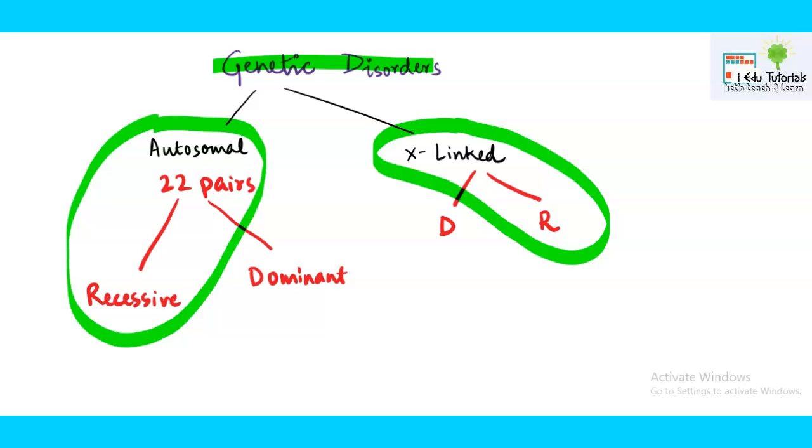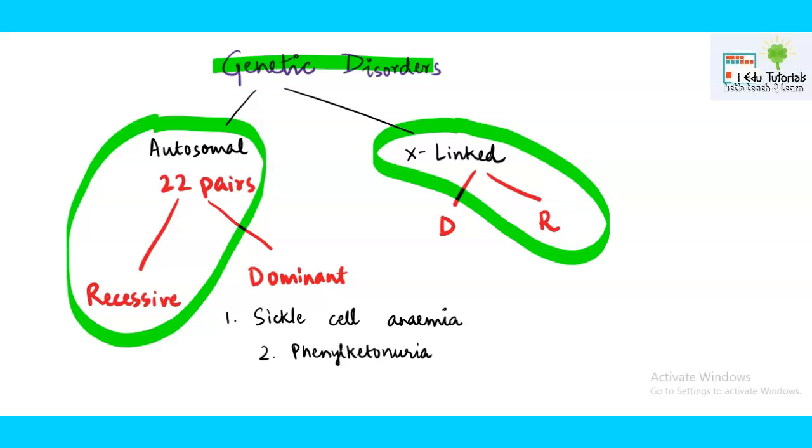So you need to learn the names of a few disorders which are autosomal recessive. The first autosomal recessive disorder is sickle cell anemia. We will be talking about this disorder in detail in a separate video. Another type of autosomal recessive disorder, which I have already explained in pleiotropy, is phenylketonuria.